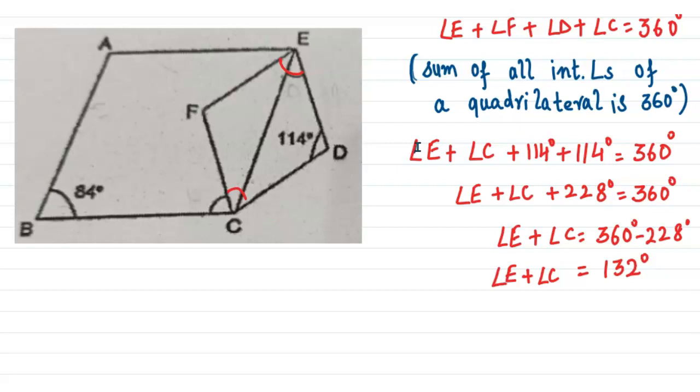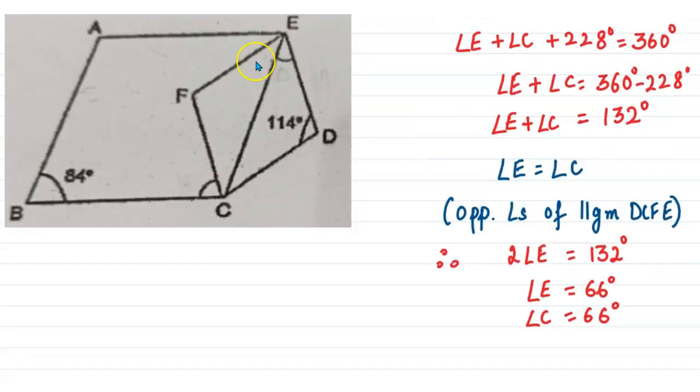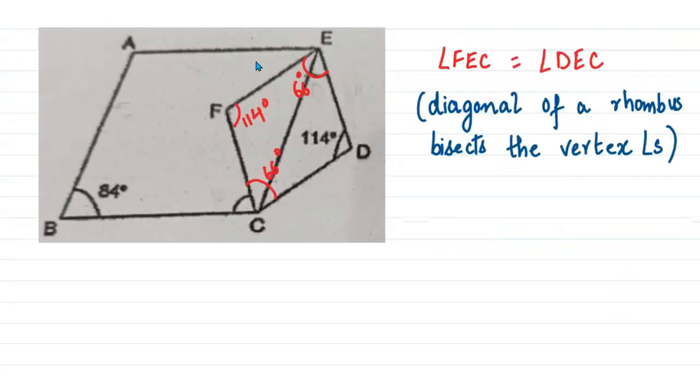So now let's look at the next set of steps. Angle E is equal to angle C, opposite angles of parallelogram DCFE. So 2 angle E is equal to 132 degrees, angle E is equal to 66 degrees and angle C is equal to 66 degrees. So we can see that angle FEC is equal to angle DEC.